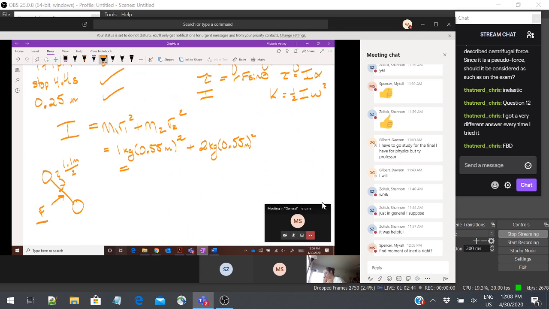So we end up with 3 times 0.55 meters squared. 0.55 times 0.55 times 3 is 0.9075 kilogram meters squared. Great. How does that help us?